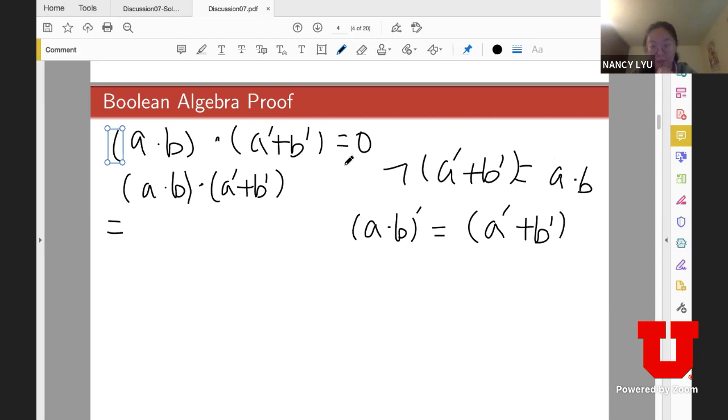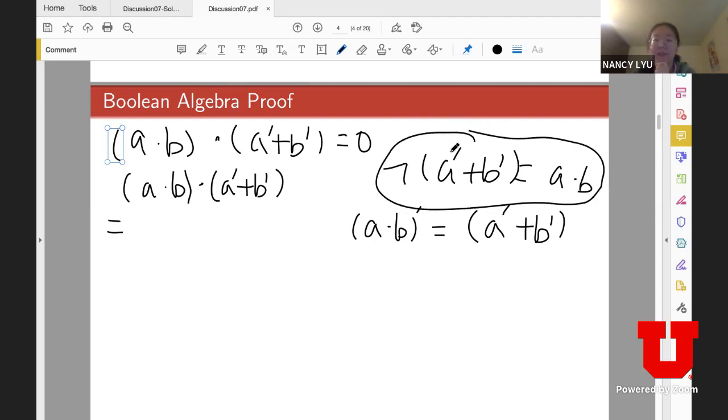Yeah, but in this one we want to prove De Morgan's law, so we cannot use De Morgan's law. Negating this one is actually using De Morgan's law, because we're trying to prove De Morgan's law is true.